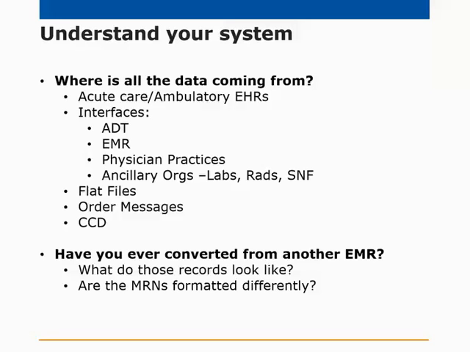So ADT interfaces, another EMR, you've got physician practices, a lab system, or radiology, something like that. They might be receiving flat files or order messages that create patients in their system, or consuming CCDs. Lots of options here that can absolutely affect your matching. And you need to realize the last one in wins. So back to Michelle Schneider, the last version of that patient's name is going to keep overwriting what's there.